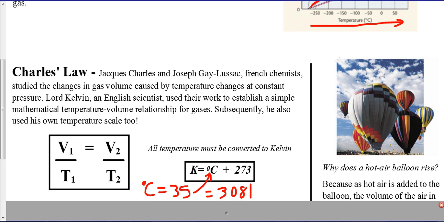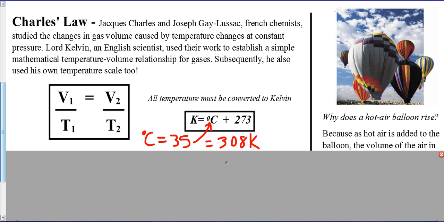And I represent Kelvin with an uppercase K. So even if I give you a problem, or if you find a problem on a worksheet or a quiz or a test, if we're talking about temperature, we want to convert Celsius into Kelvin. Sometimes we'll give you Kelvin, so you won't have to do that work, but sometimes not.